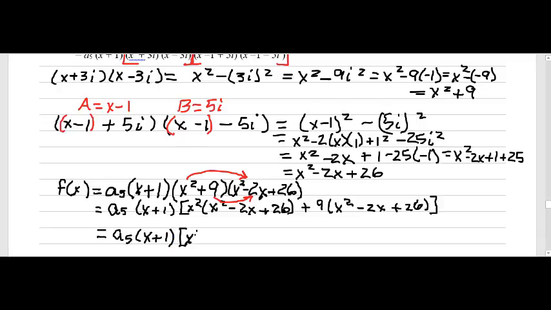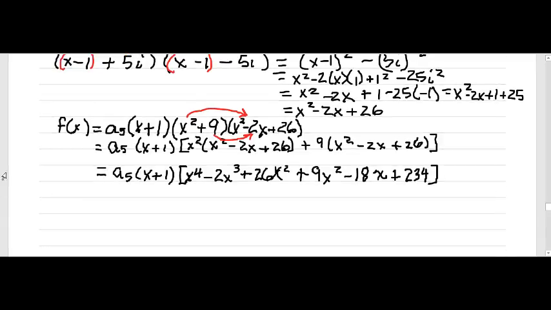All right, so notice I used the distributive property twice. X squared plus 9 gets multiplied by x squared minus 2x plus 26. I multiplied the x squared times the trinomial and then the plus 9 times the trinomial.